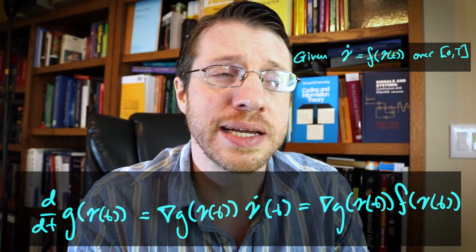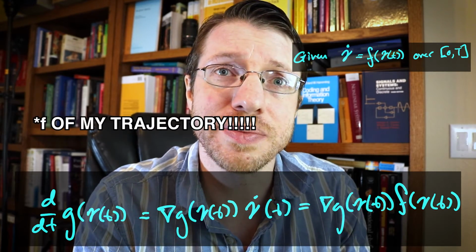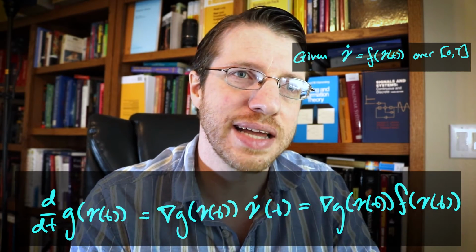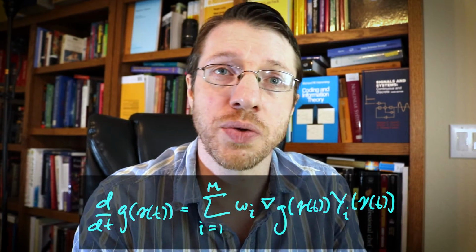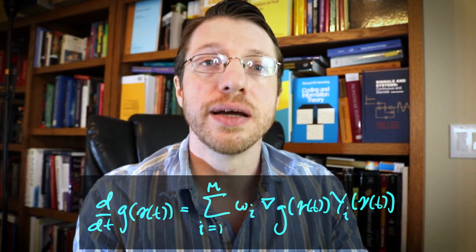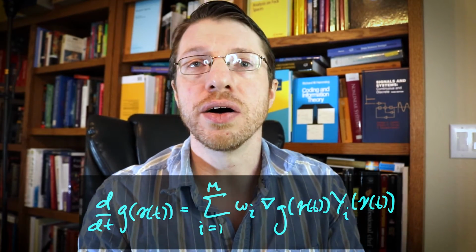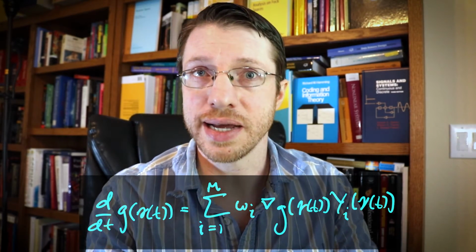What this ultimately gives me is the gradient of g composed with my dynamics times the time derivative of my dynamical system, which we know is actually f of my dynamical system, where f is what we're trying to figure out. We're going to look at f as a linear combination of basis functions, and so we can go ahead and expand this out. And so we end up getting the gradient of g composed with our dynamics times this linear combination of basis functions, all evaluated at our dynamics.